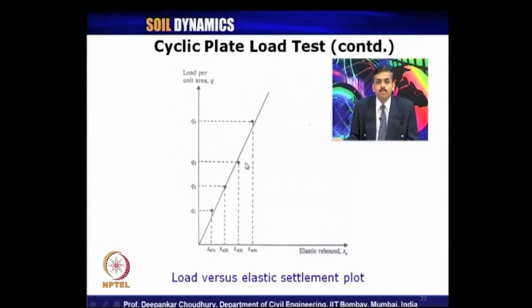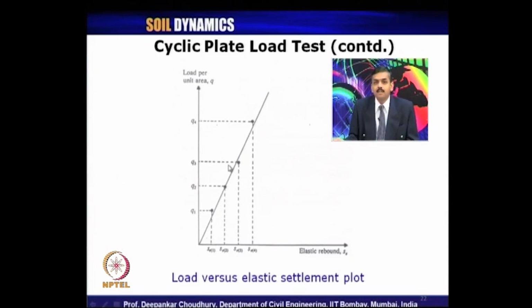As you use different cycles of loading, you can get several numbers of points, and obviously, for a particular test it is desired that you get at least more than 3 test points. From that you should draw an average line of this Q versus elastic settlement.